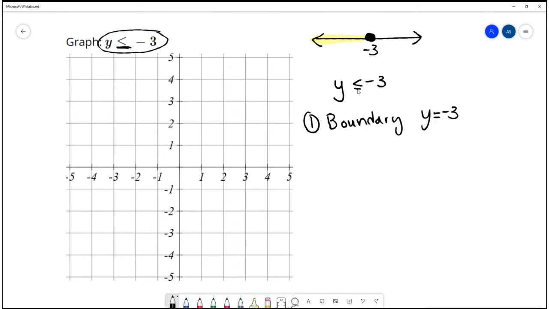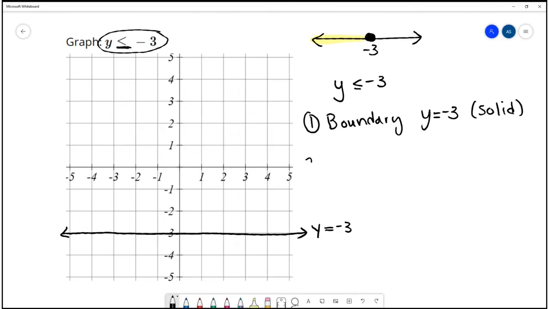So we're going to graph our line with a solid line to indicate that it's included. So we use solid anytime we have less than or equal to or greater than or equal to. So this is a horizontal line right here at y equals -3. So that's our boundary line, y equals -3.